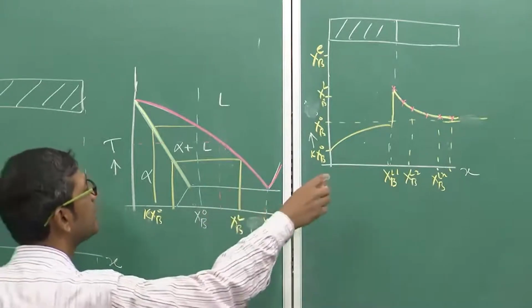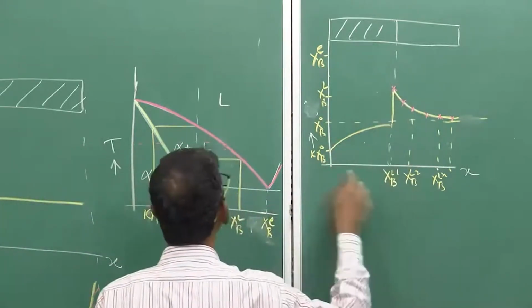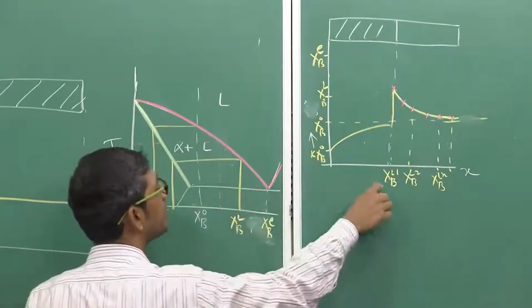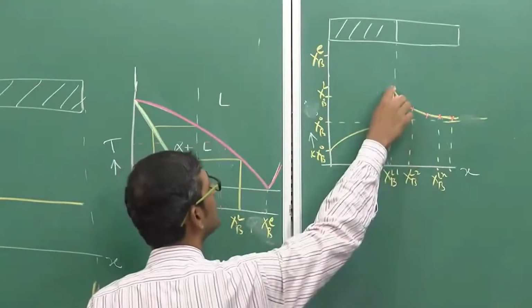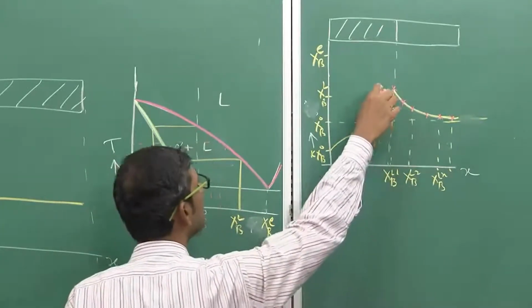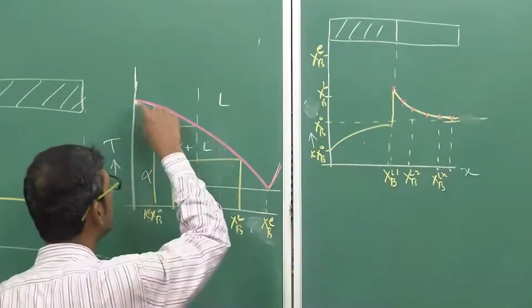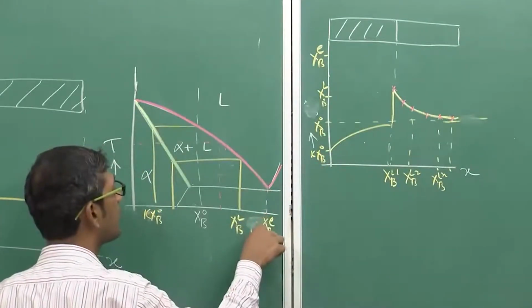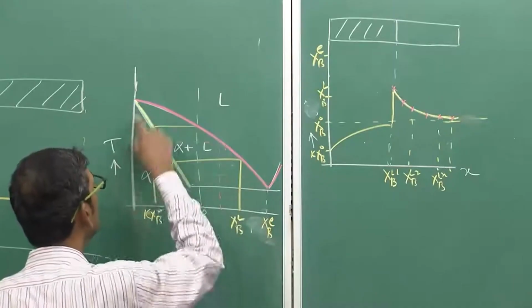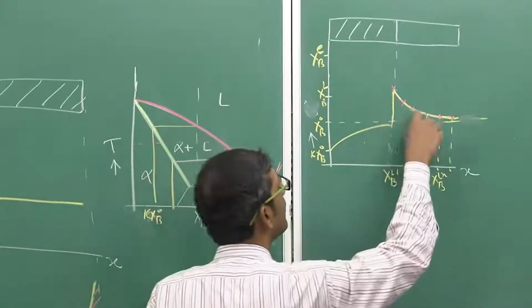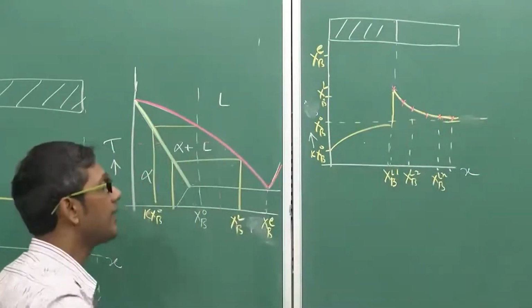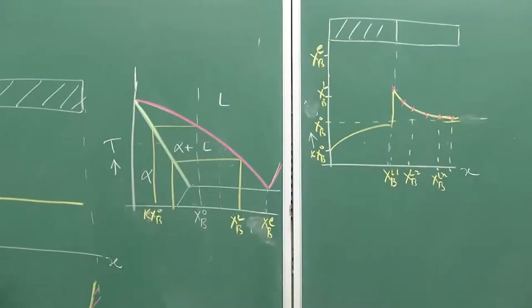As you can clearly see, at the interface the composition is very high, there is a spike, and then it slowly goes down. So, at the interface the temperature will be very low, because when the liquid composition is high, the liquidus temperature is lower. As the composition decreases and finally becomes the same as XB0, the temperature goes up.